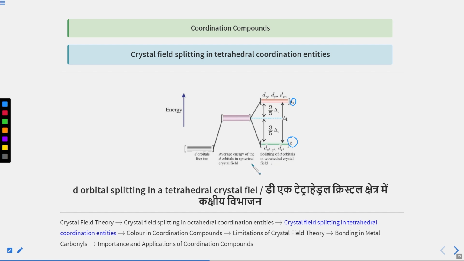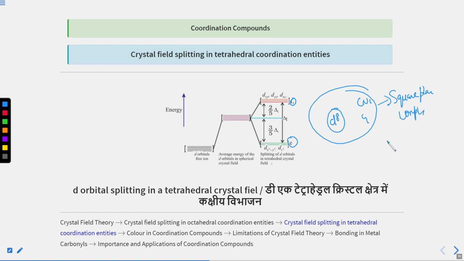Now the confusion arises when students are asked, in case of coordination number 4, when will it be a square planar complex? So see, students, for d8 configuration, if the coordination number is 4, then I would not say there is a chance, always it will form square planar complexes.